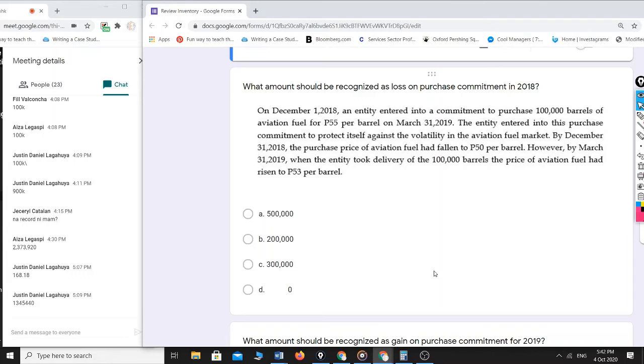I mean, dili sila maapektuhan if ever there are changes as to the market prices, especially if mutaas o kalit, di ba? So that's why they were having this particular agreement. But given the scenario, nagpili ang mga company nga mosugot og purchase commitment. Kay what if mulaisar ang value? At least nakahatag na sila ng particular nga agreed value.